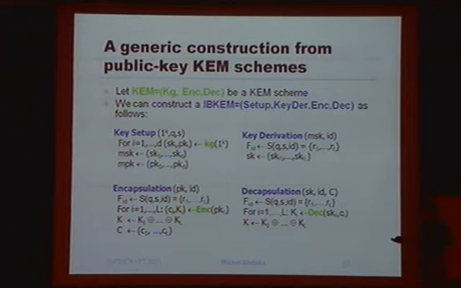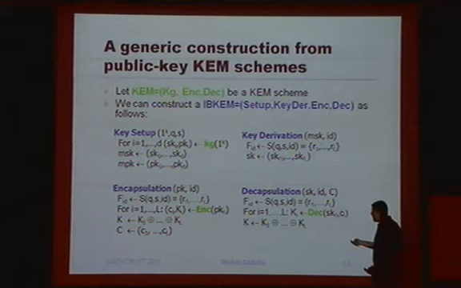We always do this mapping between ID and F of ID. Then we generate a key for every public key in this set, and the actual key for this identity becomes the XOR of all of the keys.